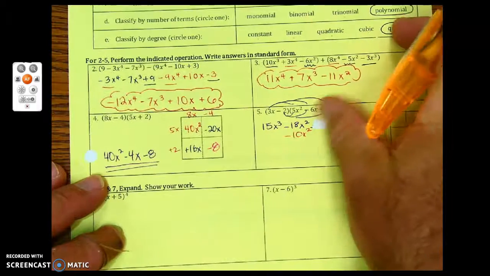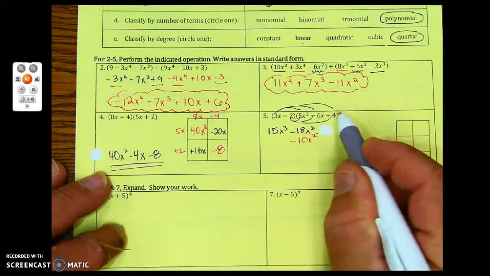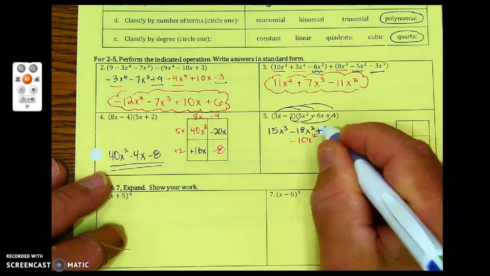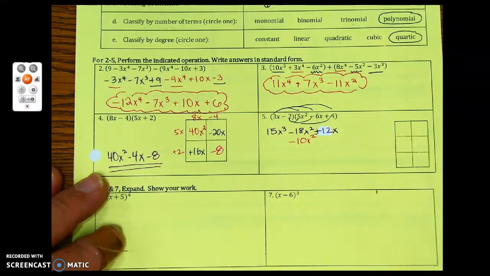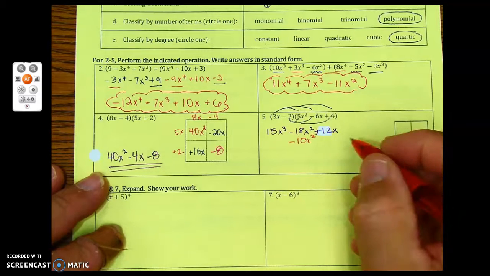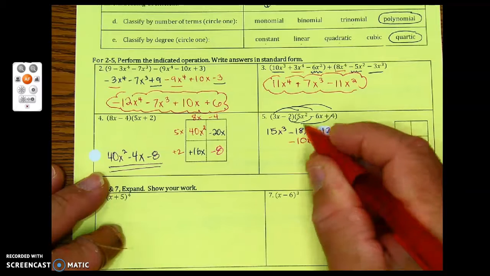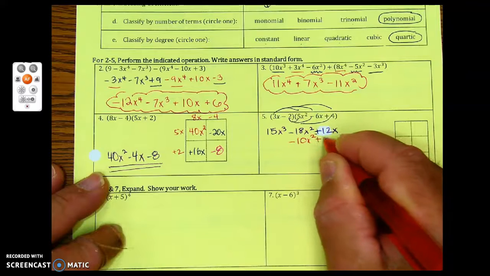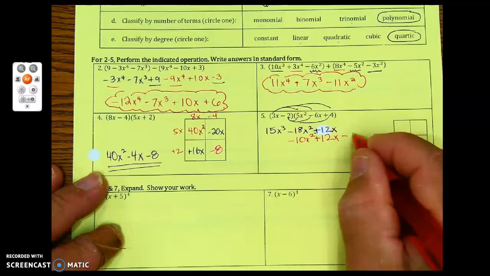All right. Let's redo this part right here. 3x times 4 is positive 12x. Disaster averted. Negative 2 times negative 6x is positive 12x also. And then negative 2 times positive 4 is negative 8.